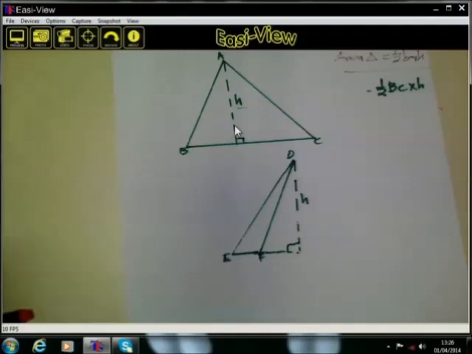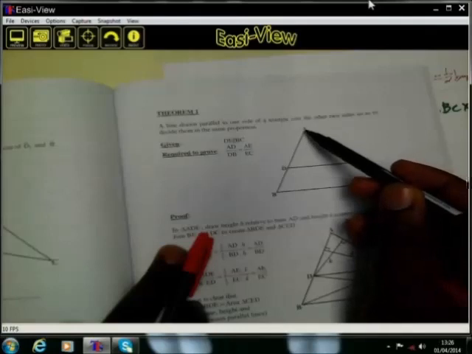Now, let us quickly look at what is requested of us, RTP, which is required to prove. Because we agree that this line divides these two sides into proportion, we are expected to prove that side AD over side DB.